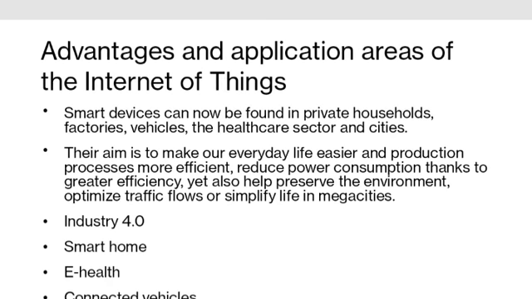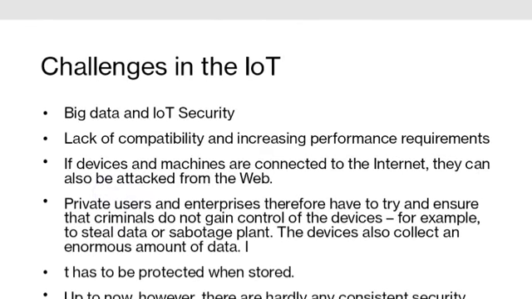Then we discussed the advantages and the applications and areas of the Internet of Things, which are Industry 4.0, smart homes, EdTech, and wherever you can use it. The main challenge of IoT is security.